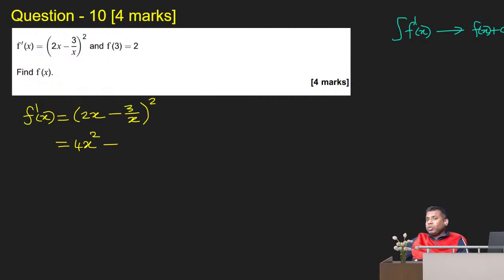So 2 times 2x times 3 over x is 12, x and x cancel off, plus 9 over x squared. So this is my f'(x).